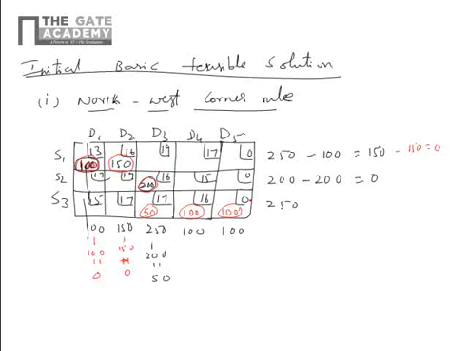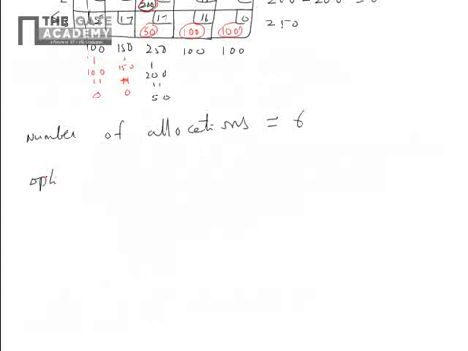The initial number of allocations is 6, but optimal allocations is equal to m plus n minus 1, where m is the number of rows and n is the number of columns.